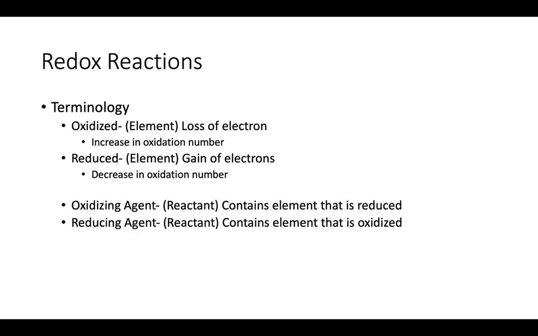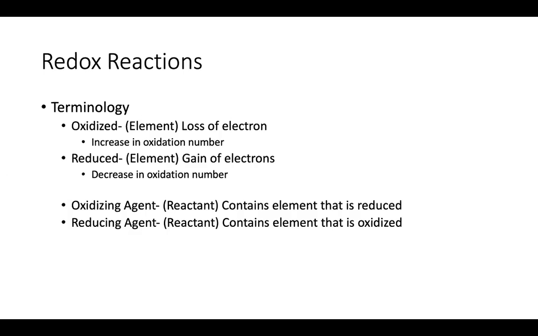Something that's reduced is, again, an element, and something that's reduced gains electrons. And if you're gaining electrons, electrons have a negative charge, that's going to cause its oxidation number to decrease, right? And that's how I remember the difference between them. Reduced means to decrease, meaning the element that's reduced is going to decrease in oxidation number.